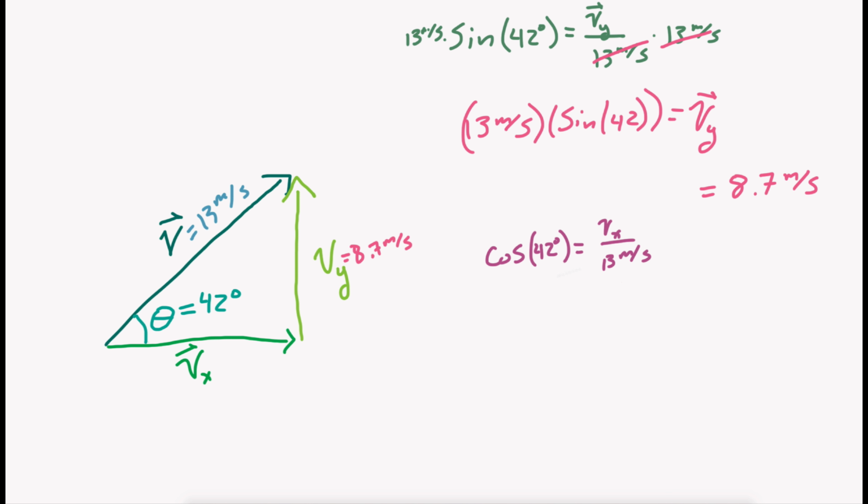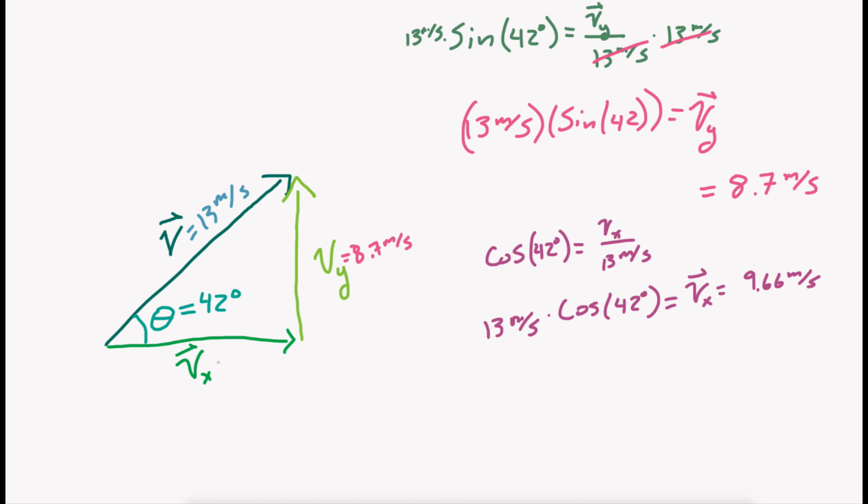Again, we multiply 13 on both sides, and this gives us 13 meters per second multiplied by cosine of 42 degrees, which is equal to our velocity in the x direction, which ends up being 9.66 meters per second. Okay, good.